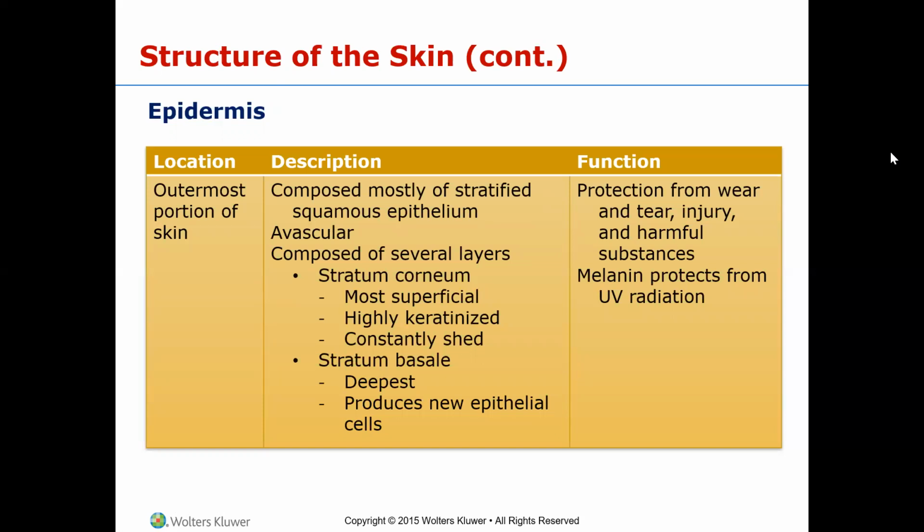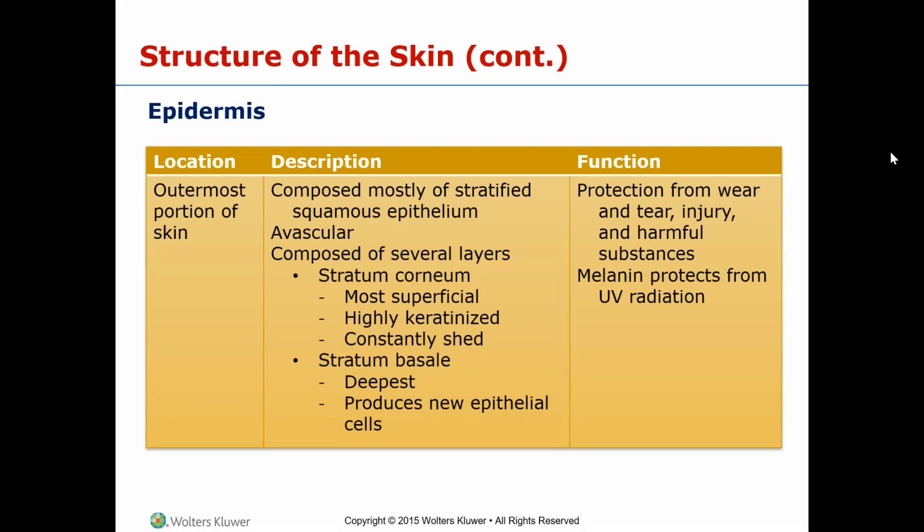So the epidermis is the uppermost portion of the skin. It's primarily composed of stratified squamous epithelium. It's avascular, which means that it does not have any blood vessels traversing through it, and it's composed of several layers. The uppermost layer is the stratum corneum, and so it's most superficial, which means the uppermost.